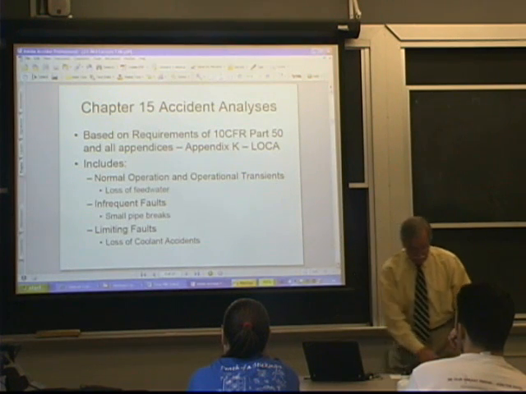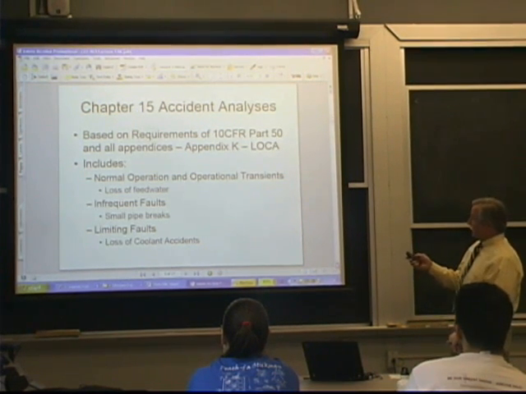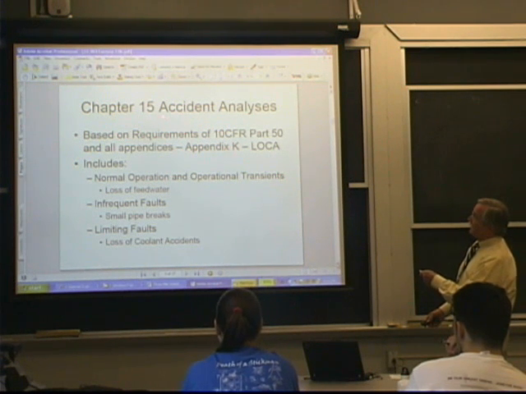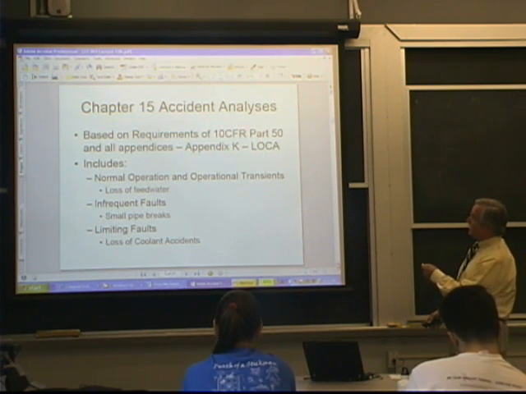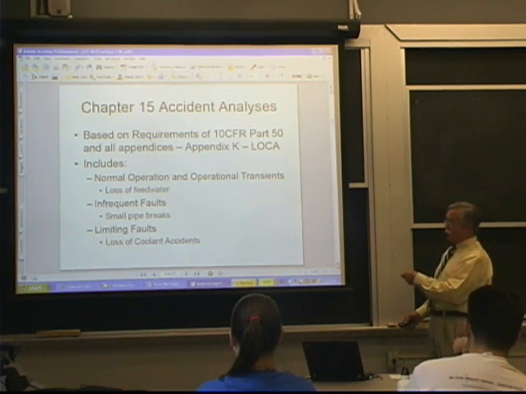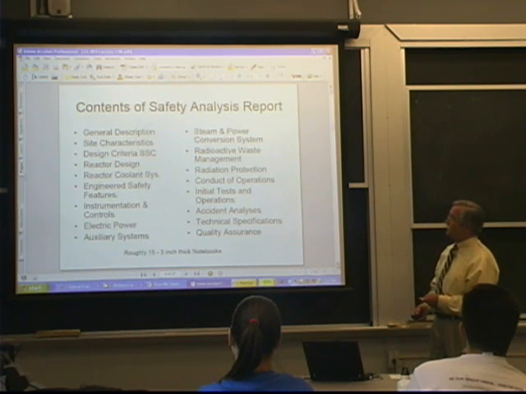Now, we've looked at this already, and now you can, I think, begin to appreciate why, for the accident analysis, the LOCA is Appendix K driven, and we already talked about normal operation, infrequent activities, and also limiting faults such as the loss of coolant accident.